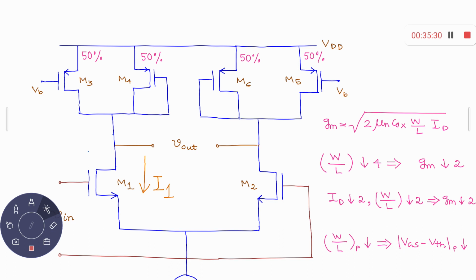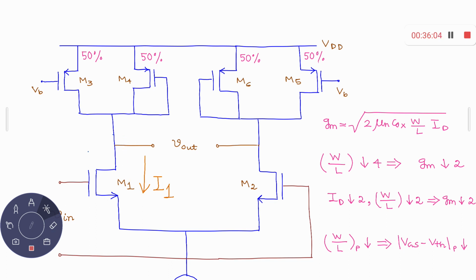This IC by 2 is equal to I1, and if I would like 50% of I1 to flow through this M3, accordingly you have to select the VB value. This VB value will determine how much current is flowing through M3, and that percentage you have to calculate. For a given VB, suppose it is sharing 50%. It can be 60-40, 70-30. But the bottom line is that at least a portion of the current has to be shared by some other current source. The entire current will not flow through this M2.